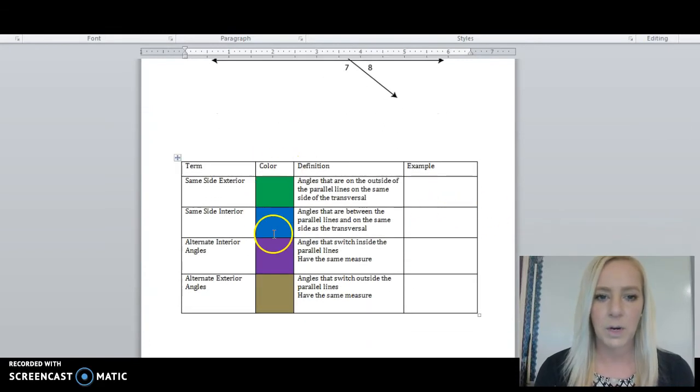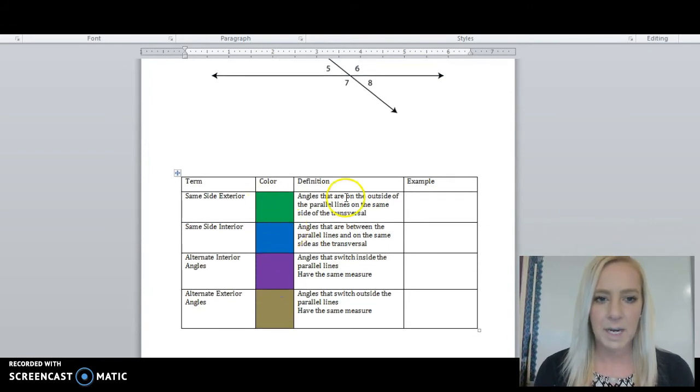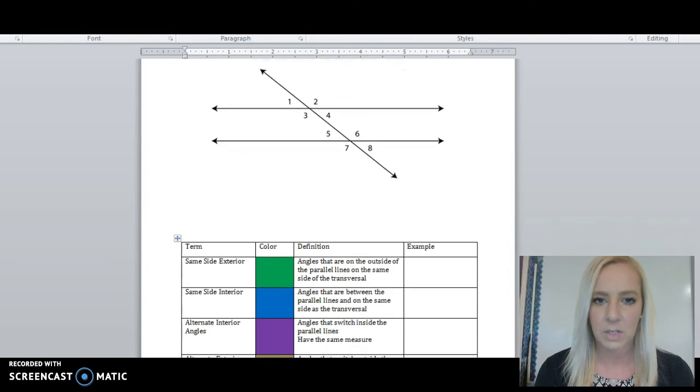You're going to need the colors green, blue, purple, and brown. So again, same side exterior, angles that are on the outside of the parallel lines on the same side of the transversal. In this case, I'm going to use my green marker, crayon, or pen. So same side exterior would be, for example, 1 and 7, or 2 and 8.